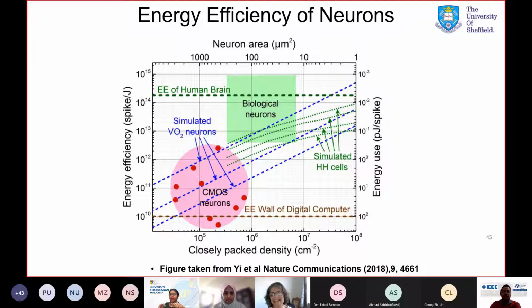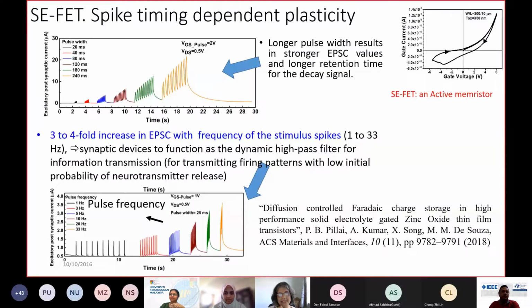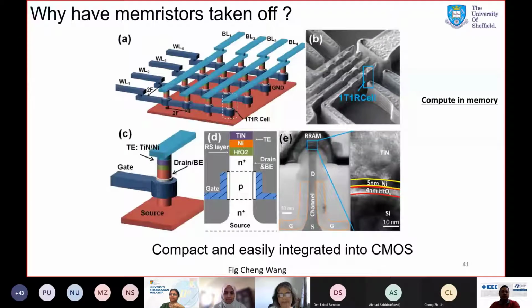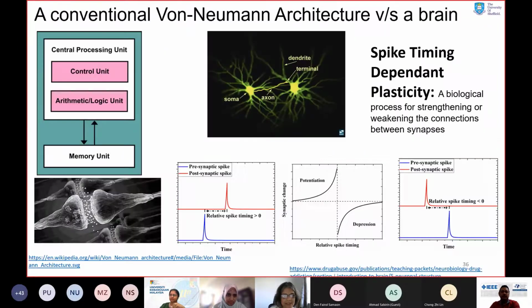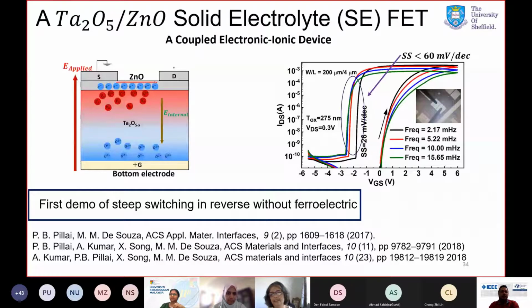Where do you see CMOS transistors in that era, or where do you see it going? Okay. Correct. So actually this transistor of ours is a thin film transistor, the one that we showed. It can be done on flexible material and flexible substrates.